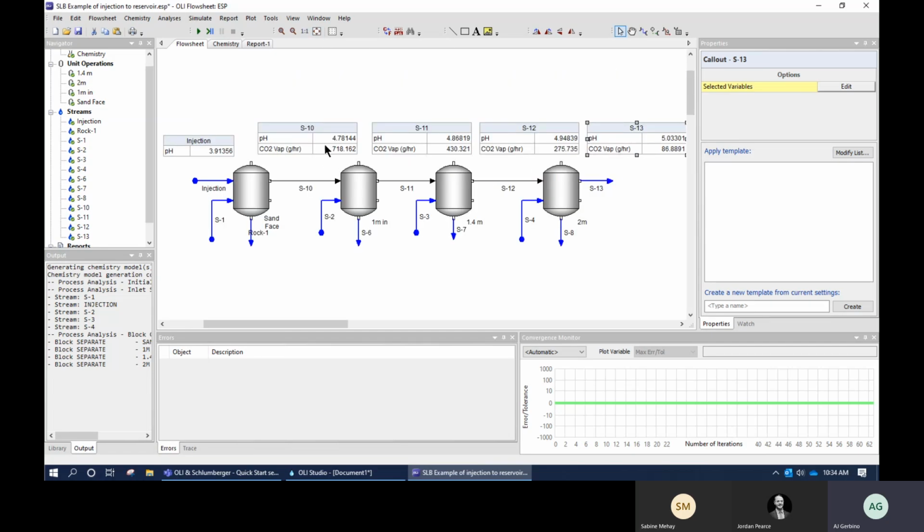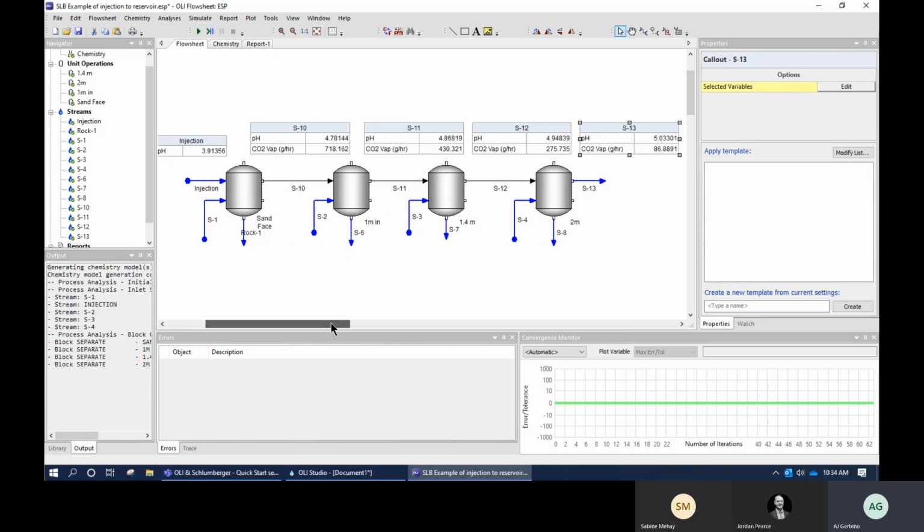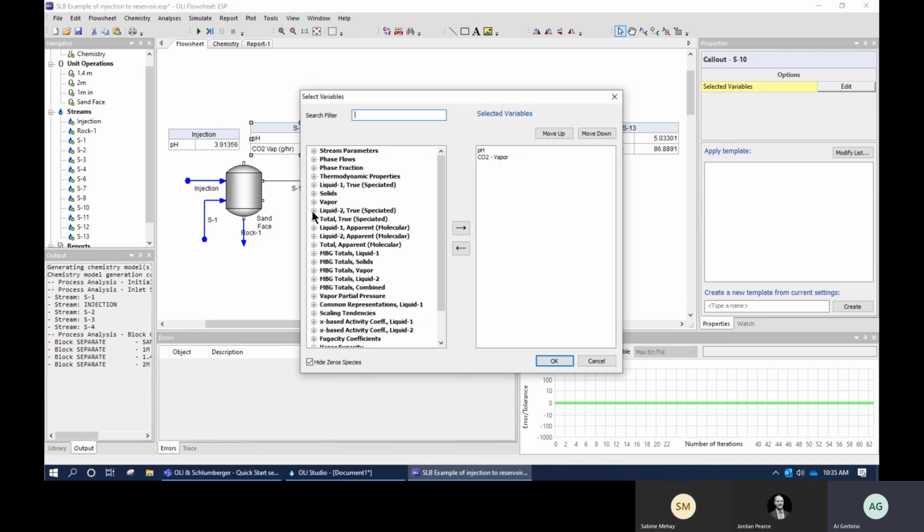We can see the CO2 in the vapor phase decrease, but that's essentially because we're adding more hydrocarbon each time. But the point I wanted to get at was the one that you described, that yeah, you've got hydrocarbon in there, the CO2 is just going to start dissolving into the hydrocarbon. And so maybe what I should do is show you the CO2 in the hydrocarbon. So I'm going to go into liquid 2 and show the CO2 in there.